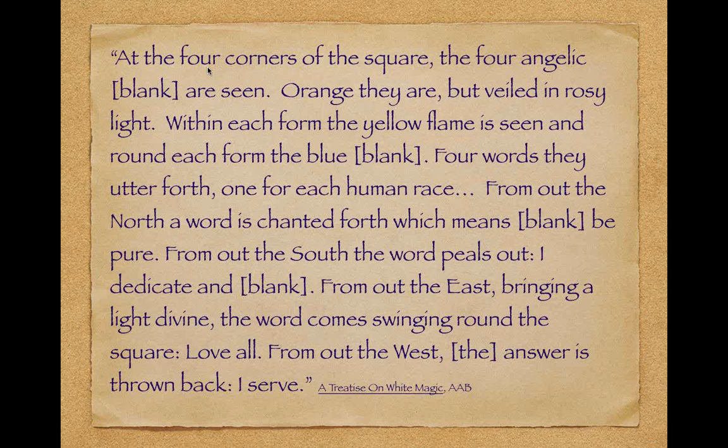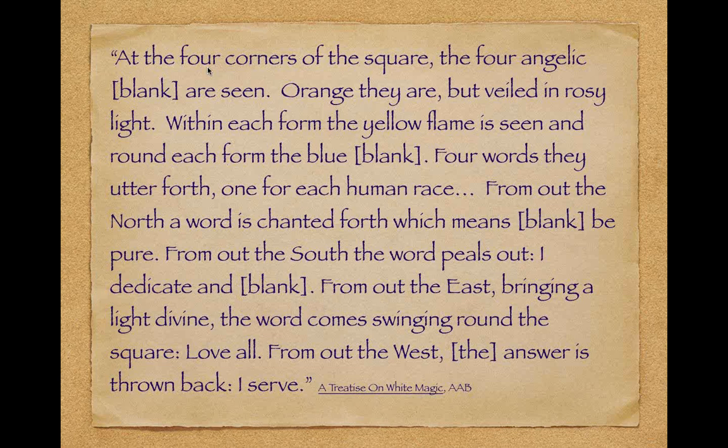At the 4 corners of the square, the 4 angelic blank are seen. Orange they are, but veiled in rosy light. Within each form, the yellow flame is seen, and round each form, the blue blank. 4 words they utter forth, one for each human race.